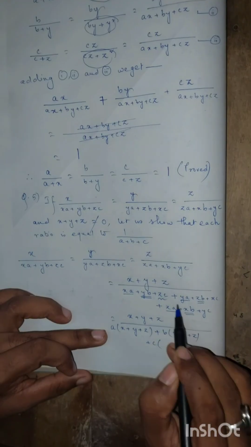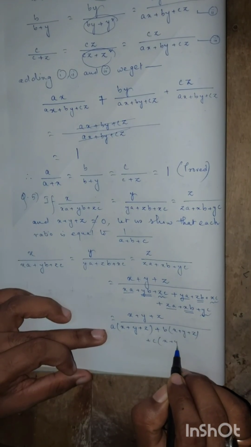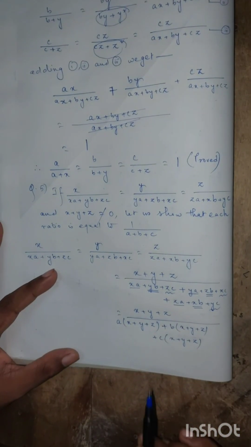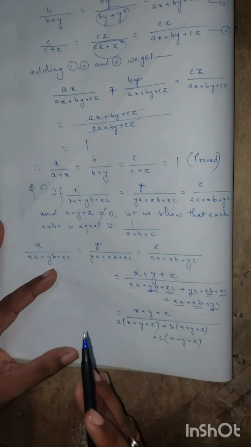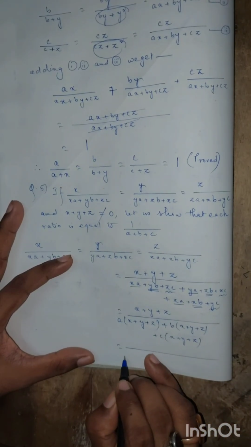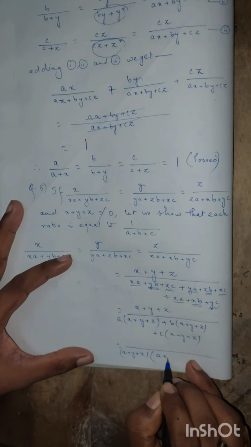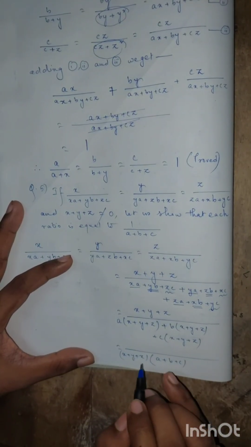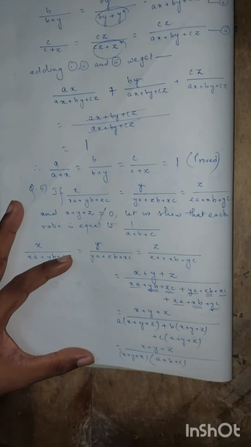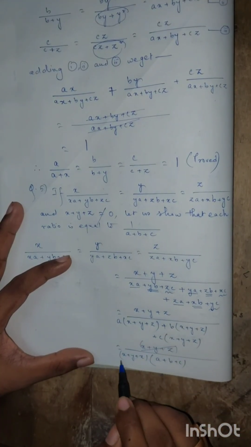And from these three terms we can take c common. Okay, now if we take x plus y plus z common from these three terms, we are getting in the numerator this, and in the numerator x plus y plus z. So these two terms can be cancelled.